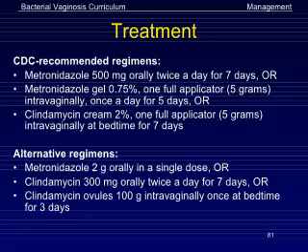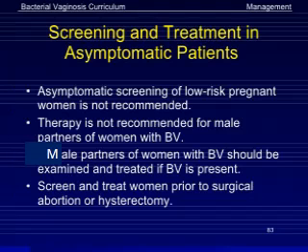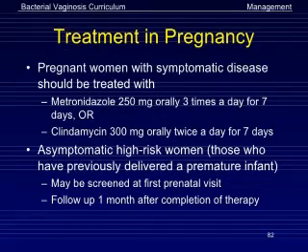An alternative regimen includes single dose metronidazole 2 gram, but it is less effective than the 7 days course. Screening and therapy is not recommended for male partners. The male partner is only treated if he has symptoms. During pregnancy, metronidazole and clindamycin are safe.